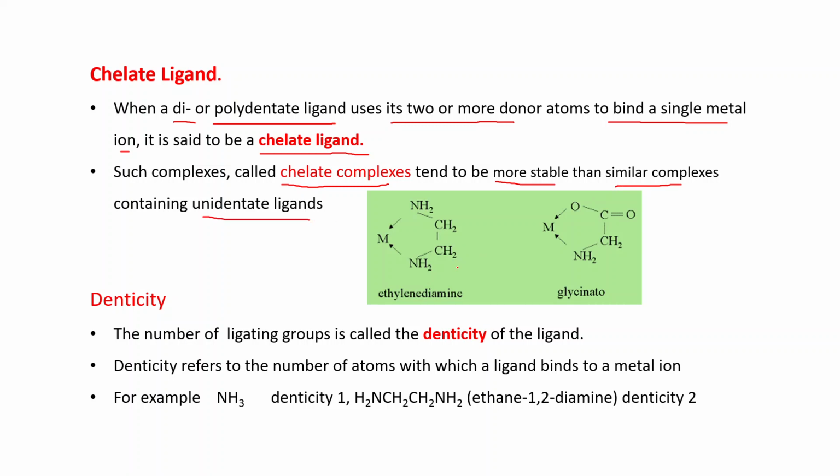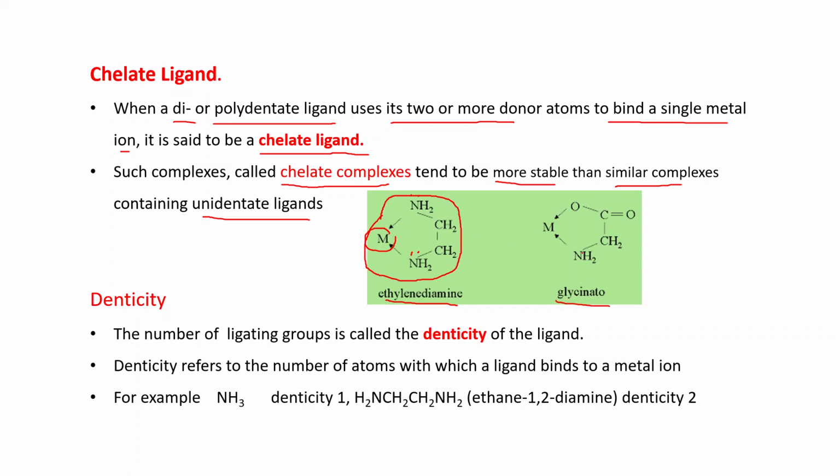You can see this is the metal atom or ion, and this is ethylene diamine, or the IUPAC name is ethane 1,2-diamine. This nitrogen donates a pair of electrons, and this nitrogen also donates a pair of electrons. In this way we get a ring structure, a cyclic structure. This is again glycinato.